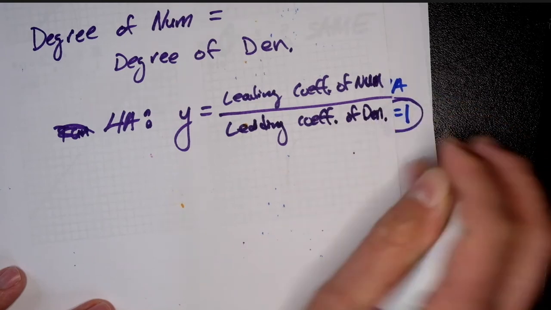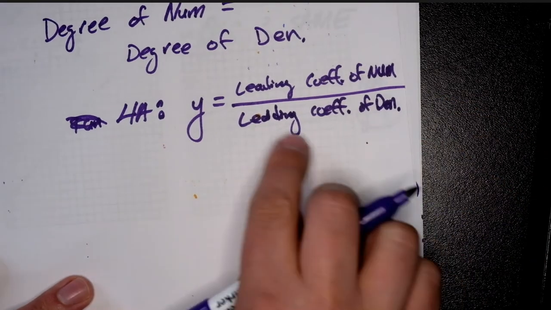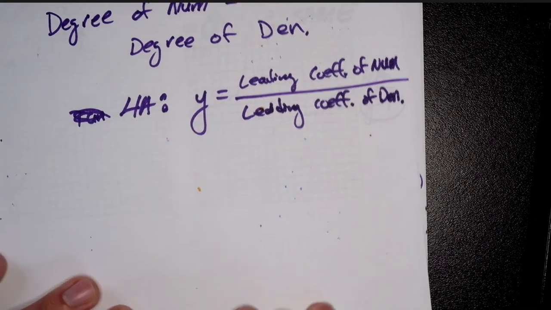I should probably type this out, that's going to fall off the page there. So, leading coefficient of the numerator over the leading coefficient of the denominator.